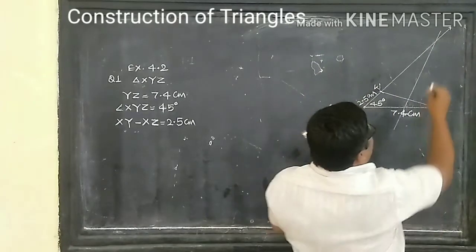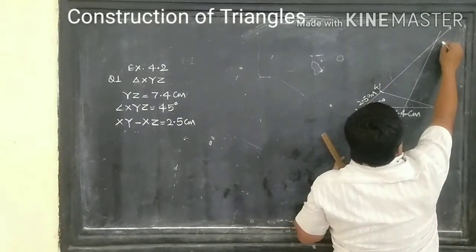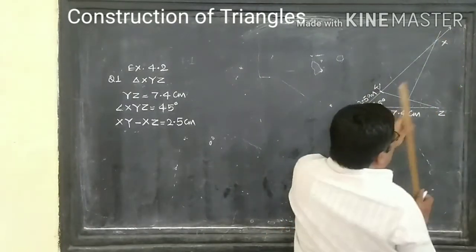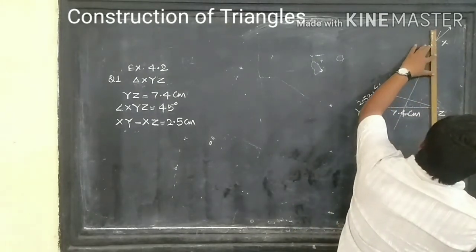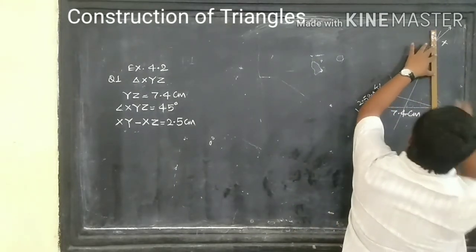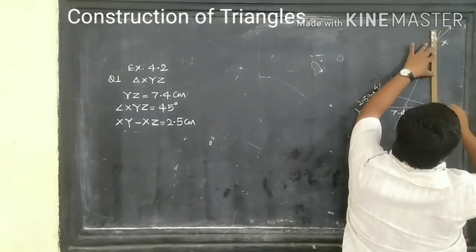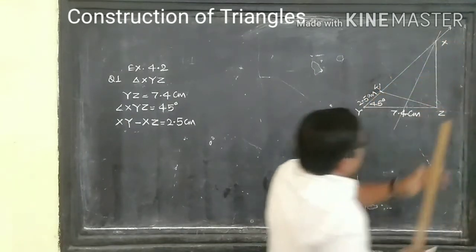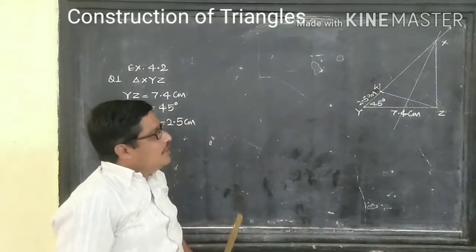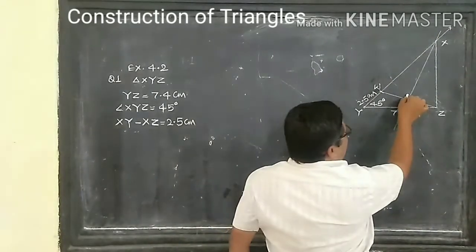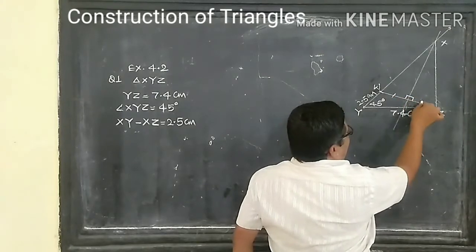Then here we get the third vertex of the triangle, that is X. After that we have to join these two points, X and Z. So in this way we can construct this triangle.